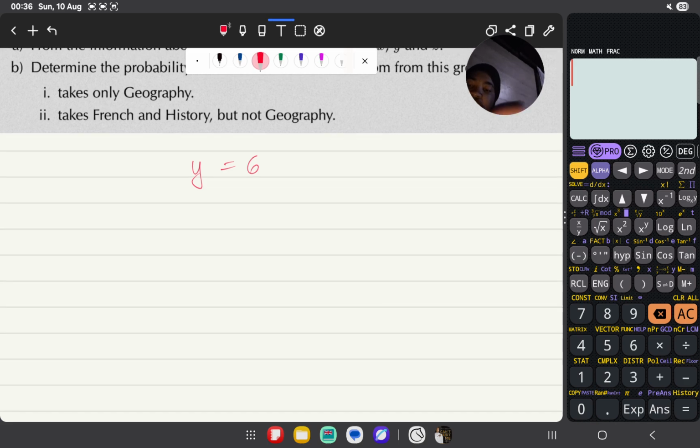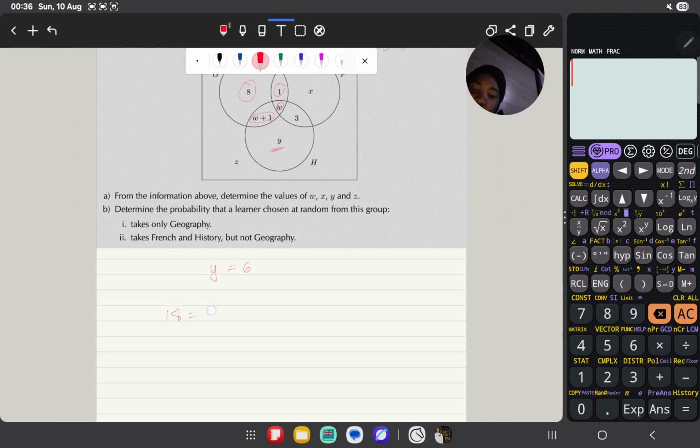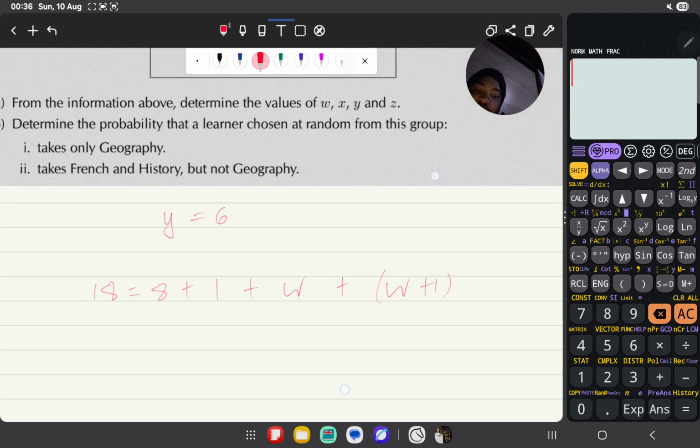So that means 18 is equal to, now look, I have 8 plus 1 plus w plus w plus 1, right? This is one thing.